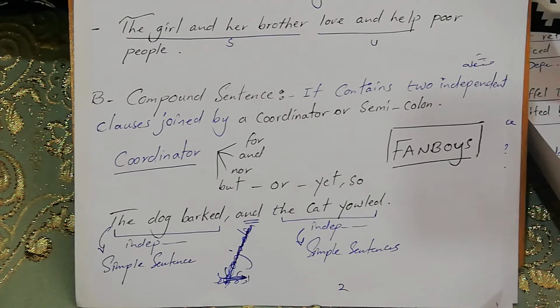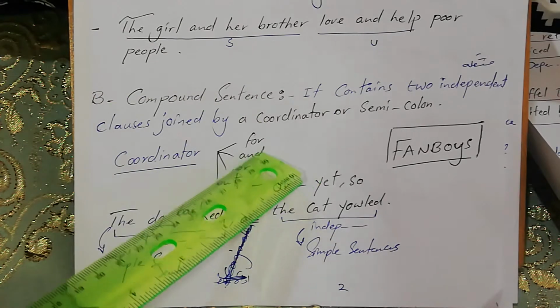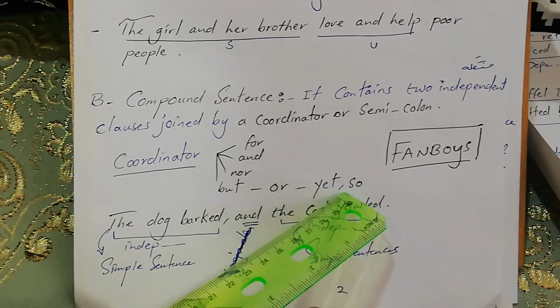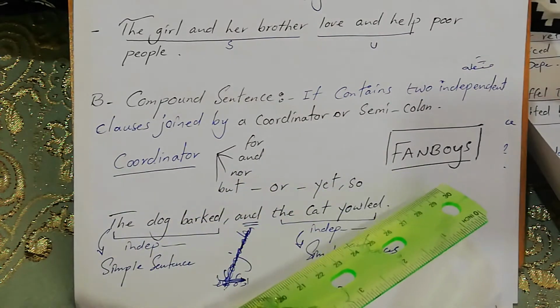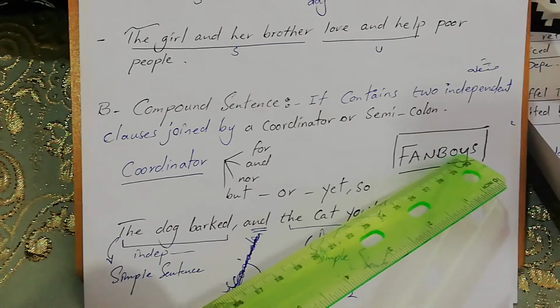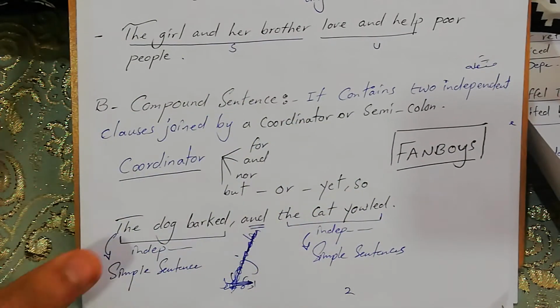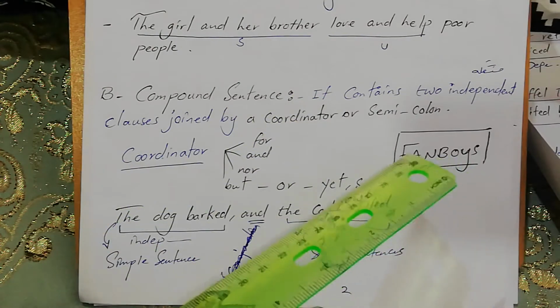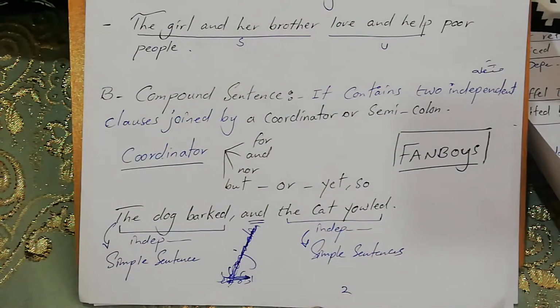A coordinator here is just like for, and, nor, but, or, yet, so. They are called FANBOYS, من نجمعهن من كل أول حرف يكون لنا هاي الكلمة FANBOYS.